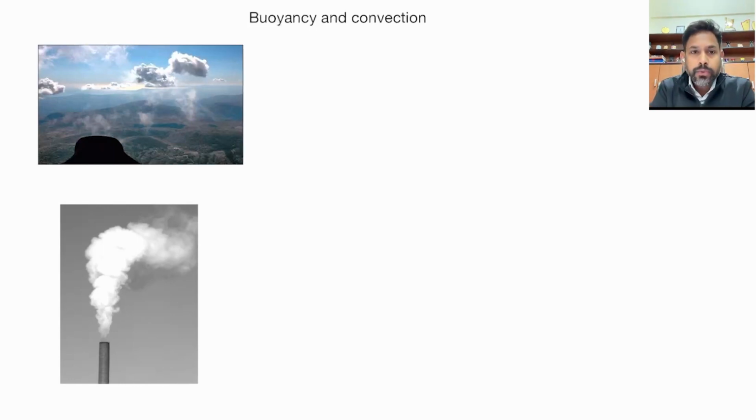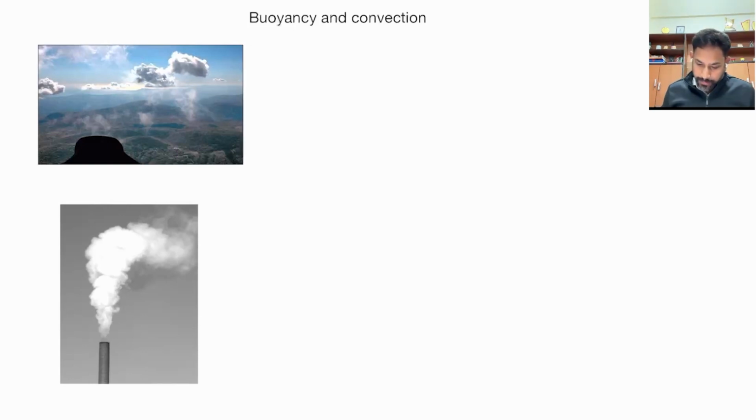So you see two different images here. One is of the convection due to distributed source, and the other one is convection from a single source or a concentrated source. So we all know that convection develops when there is a density difference, right? And that density difference might be coming because of temperature difference or concentration difference or difference in moisture conditions, etc. Right?